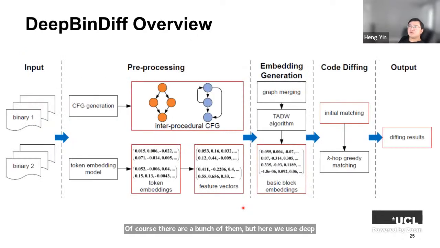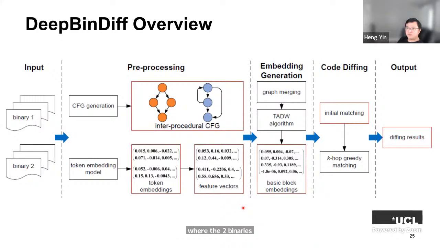Okay, so here is an overview of this approach. Essentially, we're given two binaries that we'd like to diff, and we generate a control flow graph and token embedding for both binaries. We have to generate an interprocedural CFG, and for basic block token embeddings, we use a doc2vec model or ASM2vec model to generate this feature embedding.